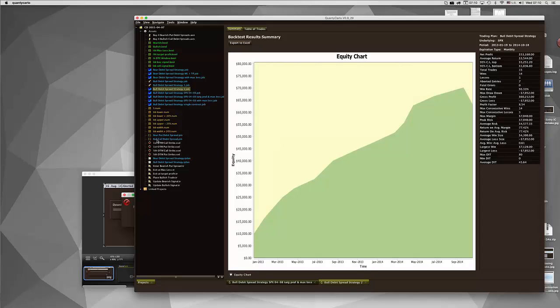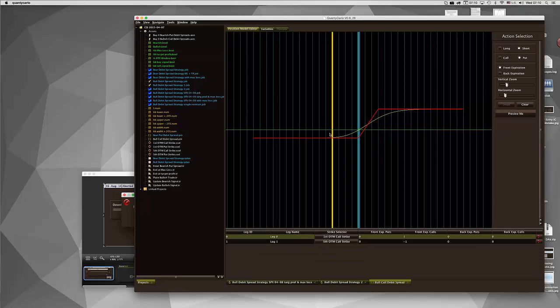Let me show you first of all the trade that I put on. Now this is my bull call debit spread.